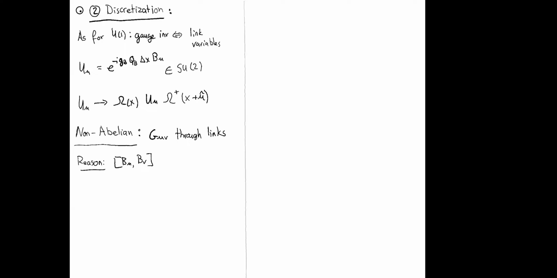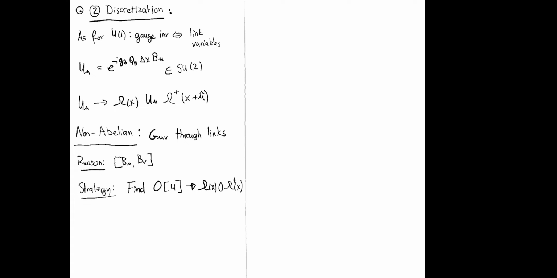And so the strategy is really to find some operator O that depends on U, so on links at any point, that has the correct transformation property, namely omega(x) O omega dagger(x).